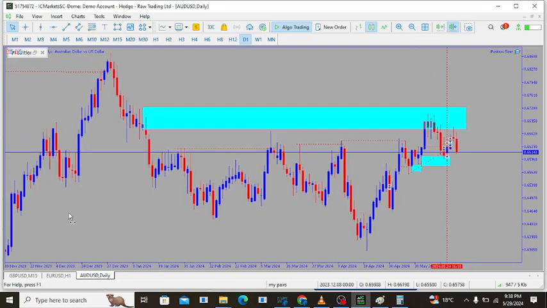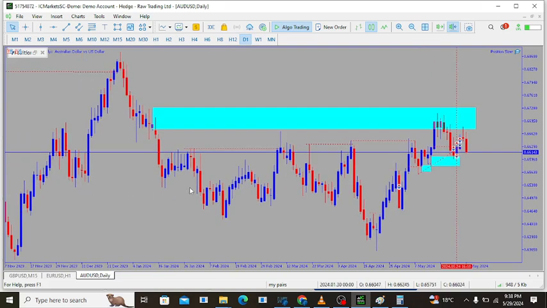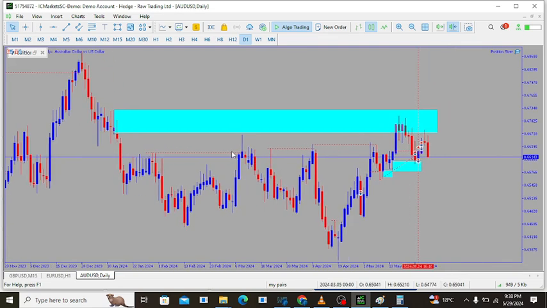You see, this is a break of structure. So this is daily. Daily point of interest is a high probability. Okay, actually this is okay.